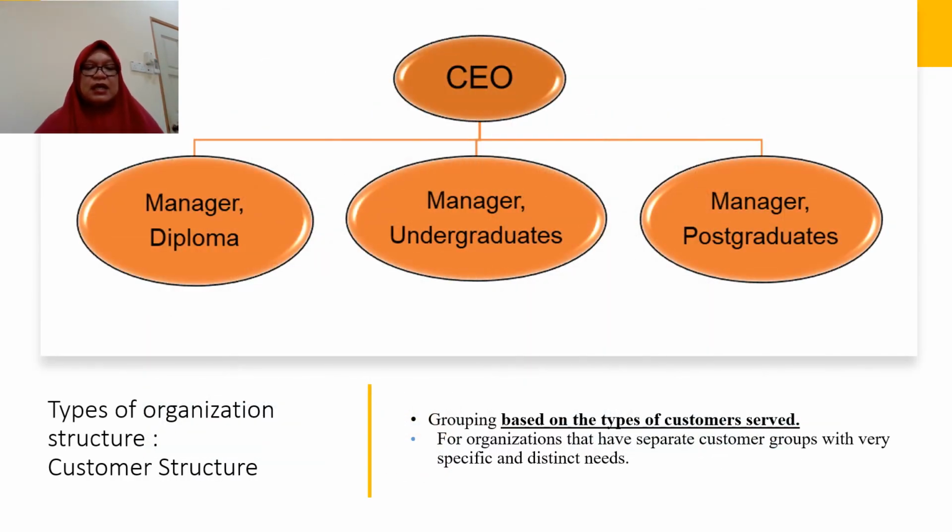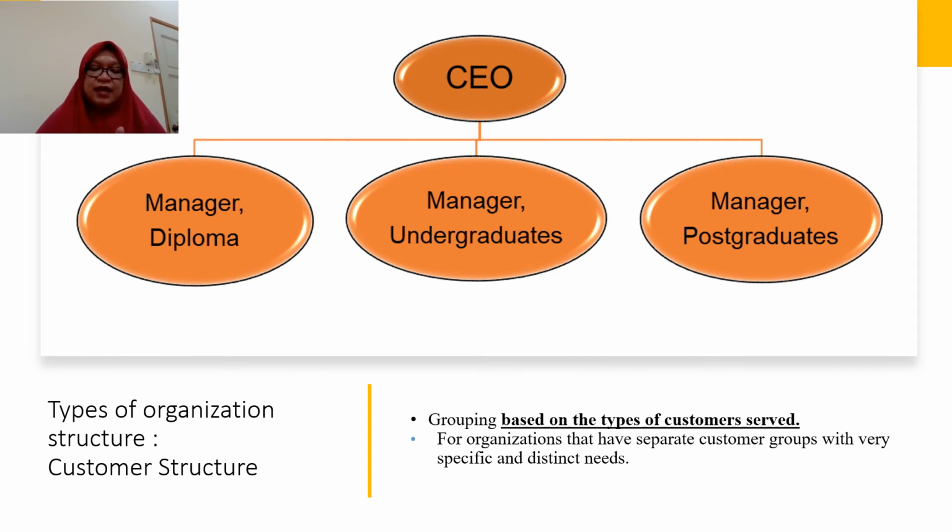Next is the customer structure. Grouping is based on the types of customers served, for organizations that have separate customer groups with very specific and distinct needs. Let's say that the organization has a variety of customers.